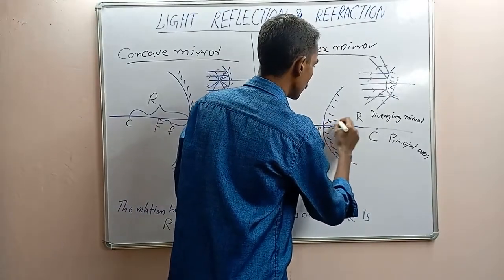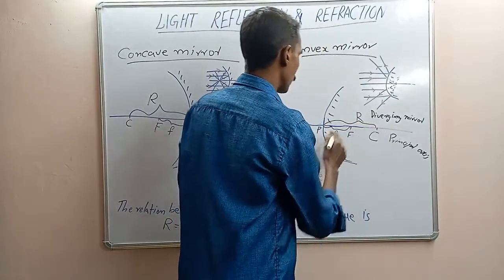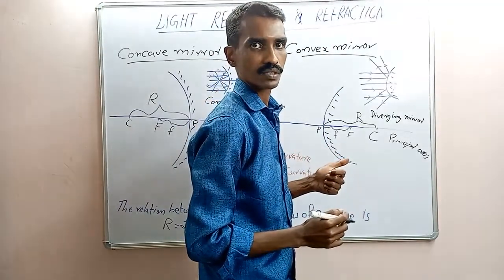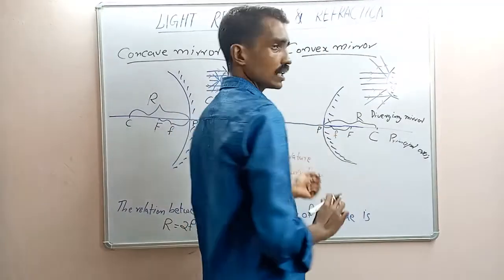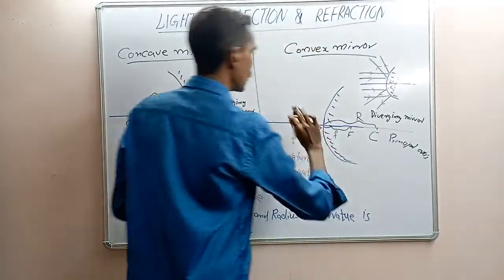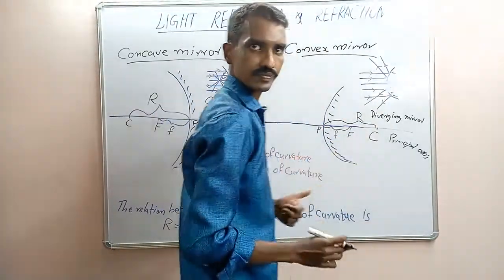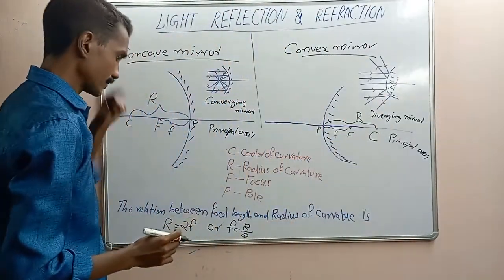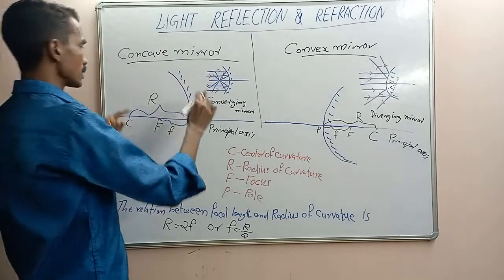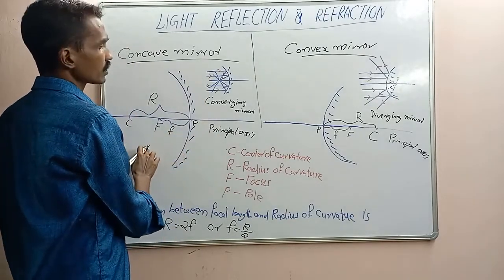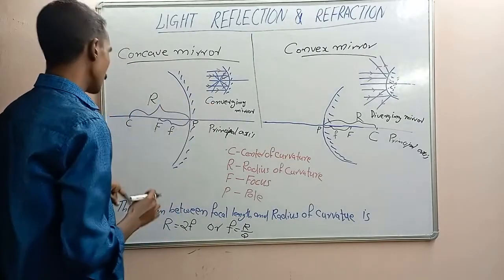This is the radius of curvature, and this is the focal length. Clear? This is an imaginary image. So these are about the concave mirror and convex mirror.